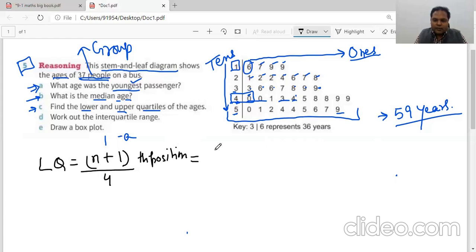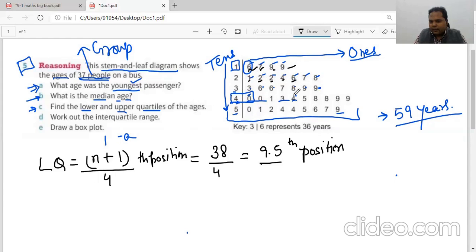That makes it 38 over 4, and that makes it 9.5 position. Now, how do we find the 9.5th position? The 9.5th position is this: second, third, fourth, and we have fifth, sixth, seventh, 8, 9. And 9.5 is somewhere here.